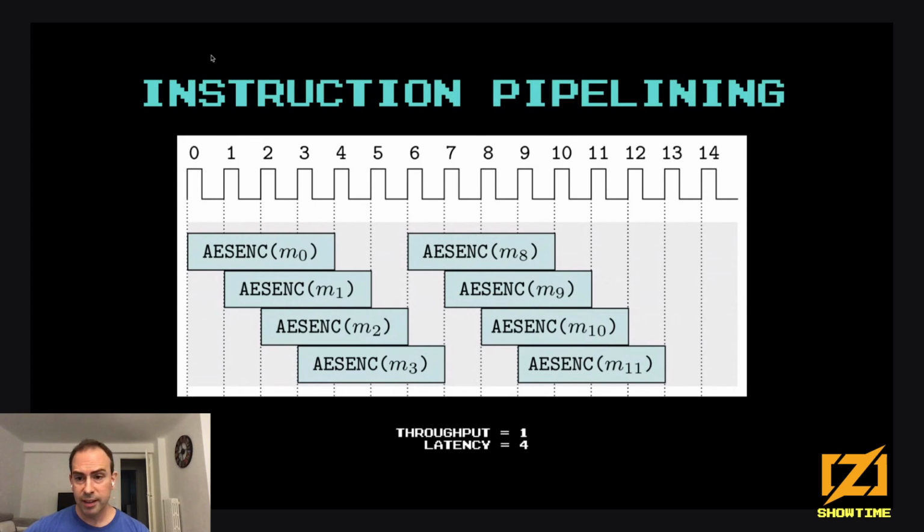And you can see here, if we do 4 AES encryptions instead of 1, and then another one, and then another one, and then another one, it's way faster. So having a multiple of 4 blocks sounds pretty nice, quite a bit faster.